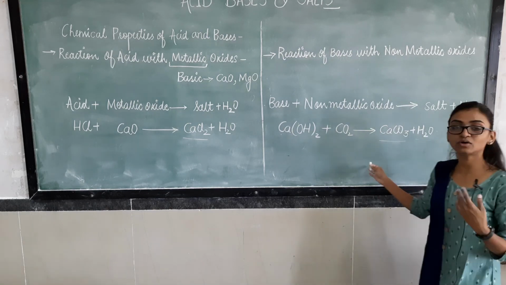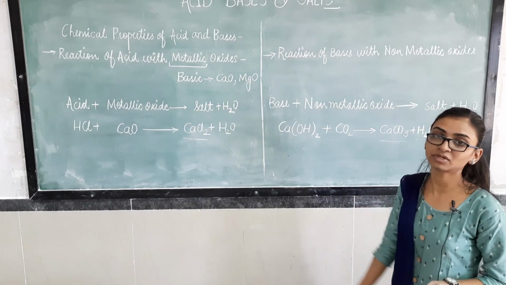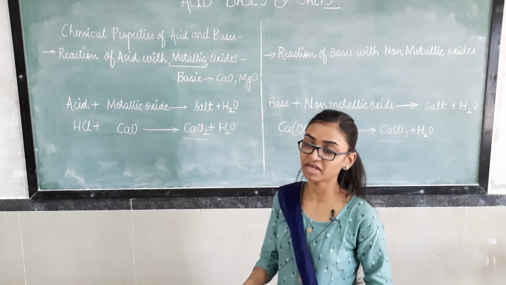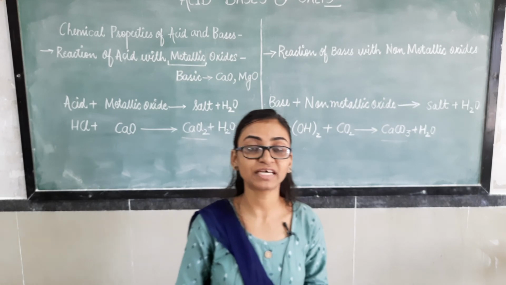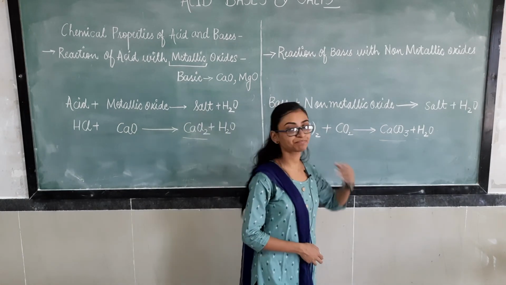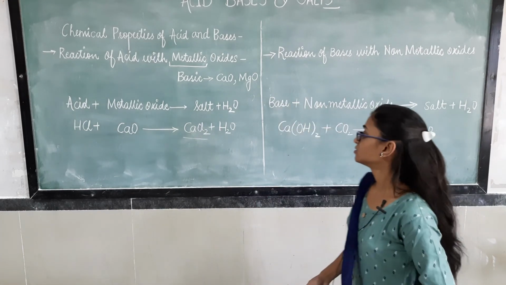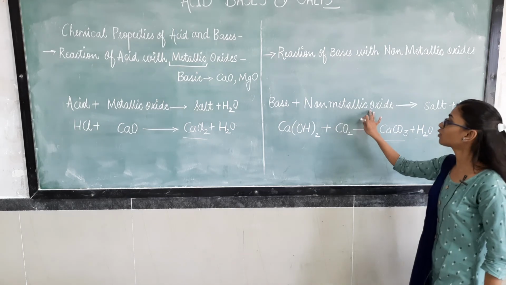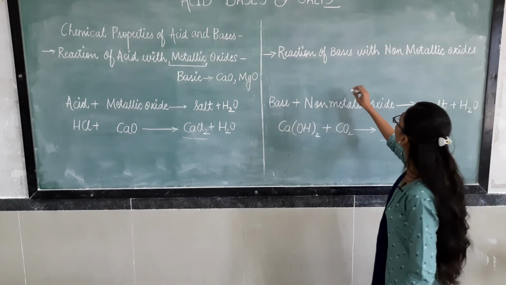So it is also similar to the neutralization reaction you may say, or you have seen when we saw the reaction of testing of carbon dioxide. So here also we are doing the same, right? So from this we can conclude here that non-metallic oxides are acidic in nature.